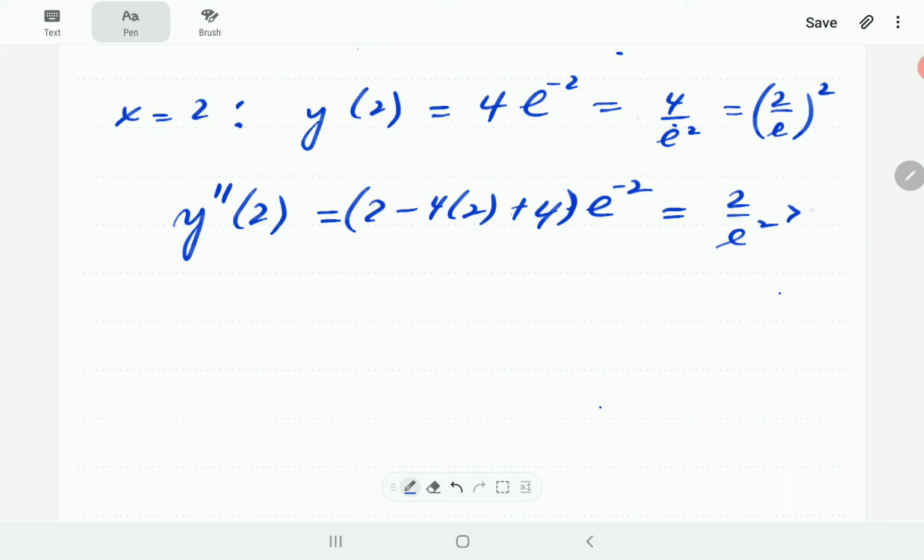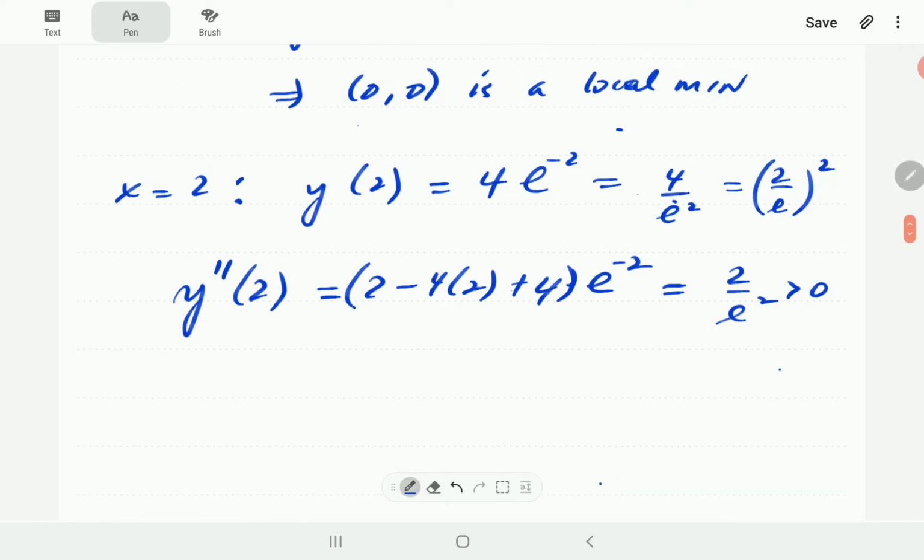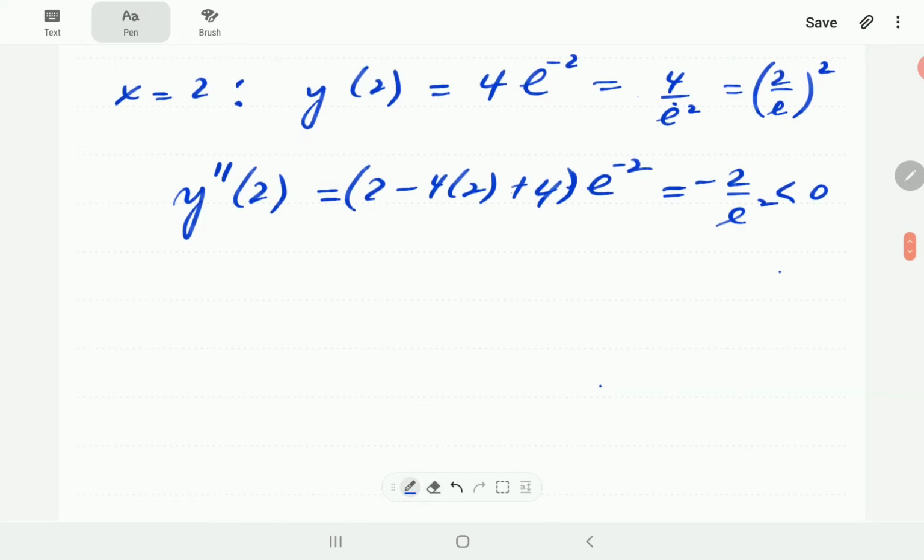The main thing here is that this is positive because e squared is positive. Actually, there is a problem here. This is 2 plus 4, which is 6, minus 8, so this is negative 2. So that thing is actually negative, so it's concave down at x equals 2.